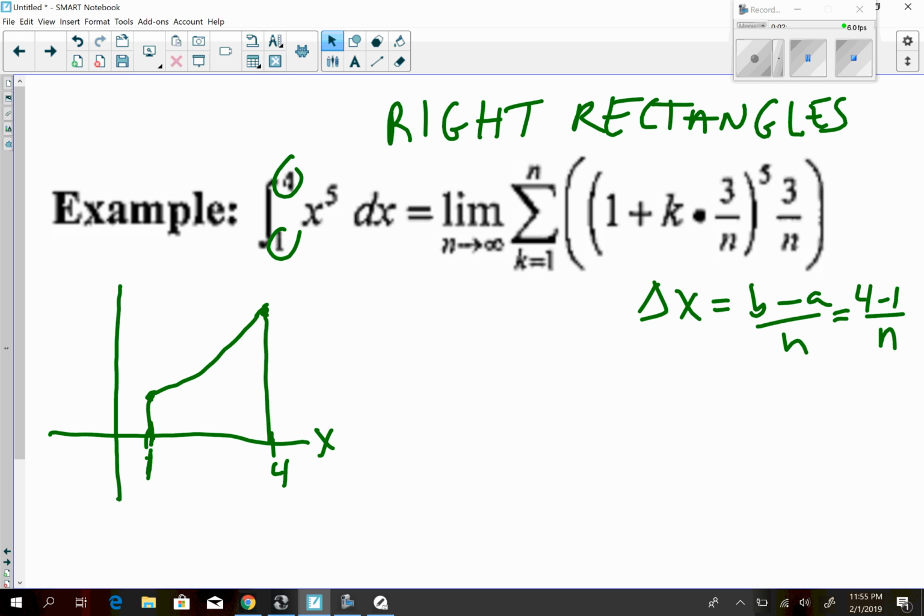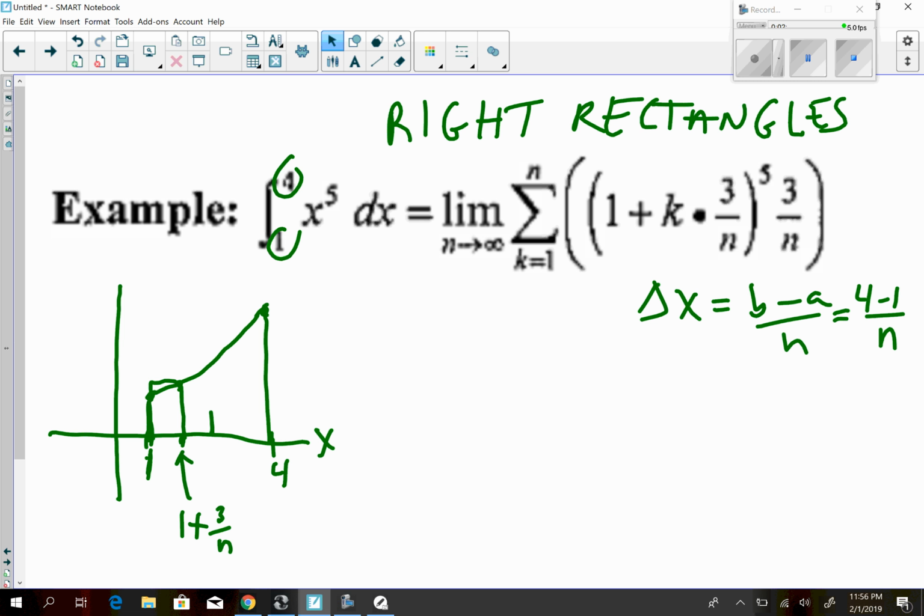So the first rectangle starts at 1, and it's going to be that number 1 plus whatever the width of a rectangle is. And we're going to go from here to the point on the graph to make a right rectangle.